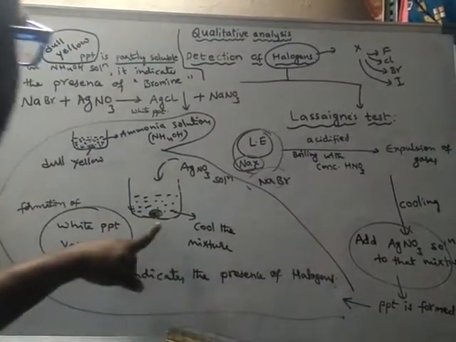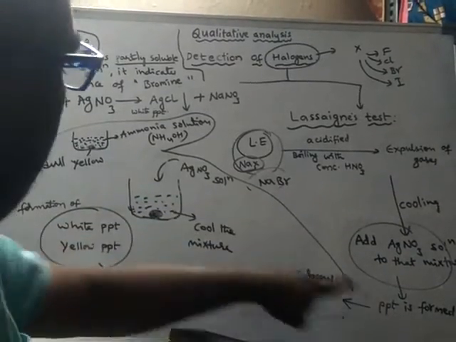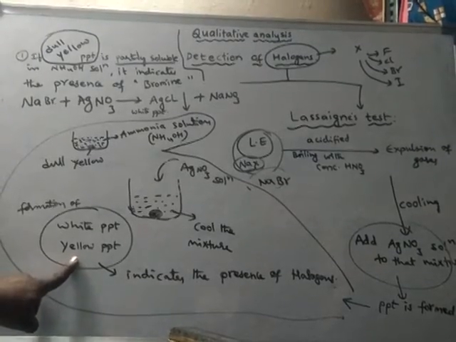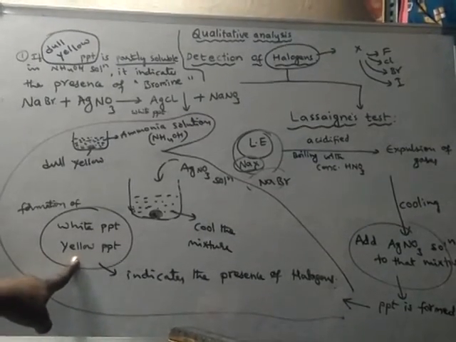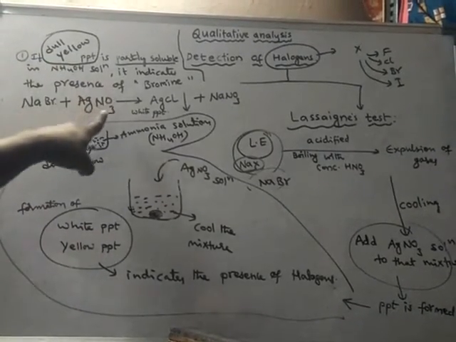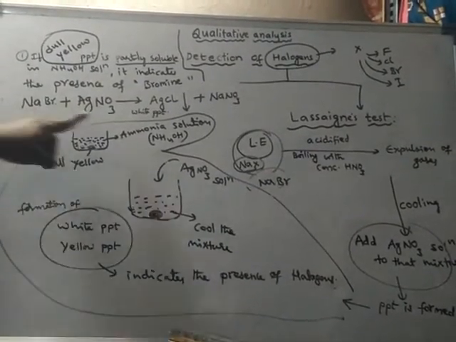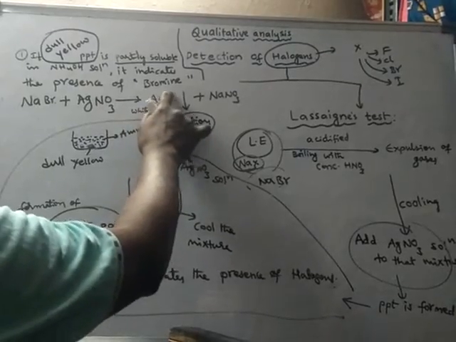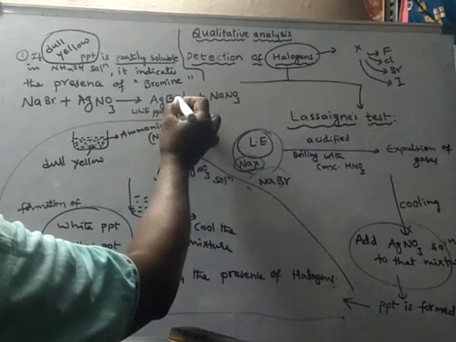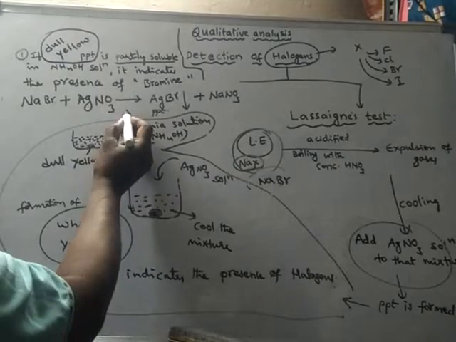If the precipitate formed is white, then it is said to be sodium chloride. If the precipitate is yellow, even in yellow there are two yellows, dull yellow and bright yellow. If it is dull yellow, then it indicates the presence of bromine in the organic compound, NaBr. So here the precipitate is silver bromide precipitate, a dull yellow precipitate.